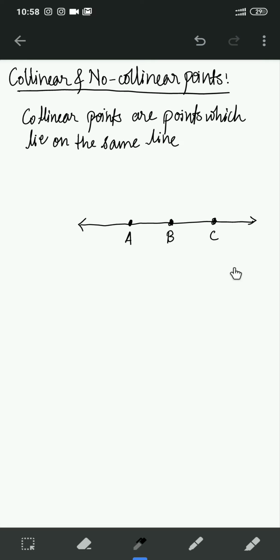Right now I have 3 points, A, B, C, and all these 3 points are lying on the same line. Therefore I'll say that points A, B and C are collinear.